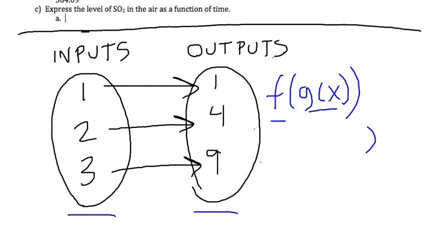So if I were to draw arrows like I have in my function map, I might draw an arrow from x to g of x, and then from g of x to f of g of x. So I'm drawing an arrow from the input to the output. So you might want to consider that when you look at your answer for A.